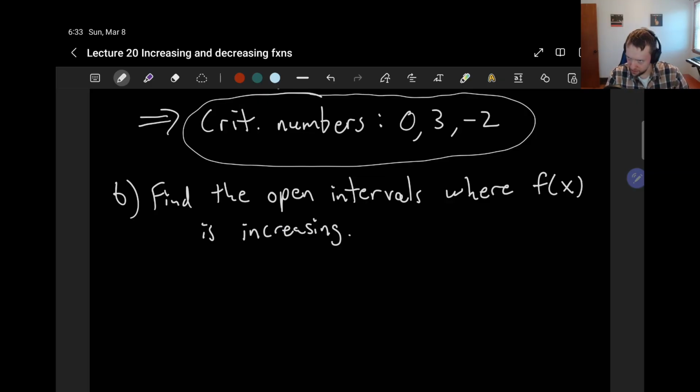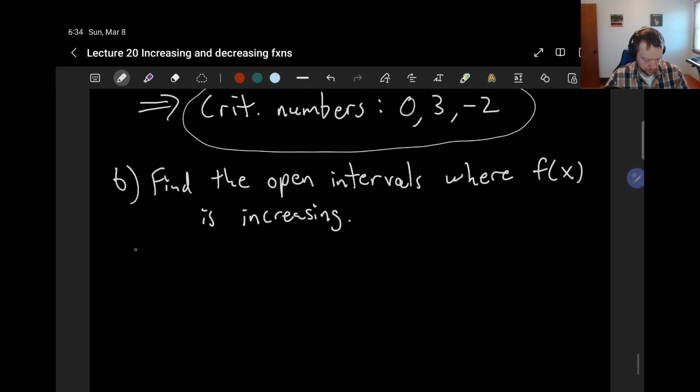Remember that increasing means, in one sense, that the derivative is positive. So in other words, where is the derivative positive? The trick, now that we know the critical numbers, is to partition the number line, meaning divide it up.